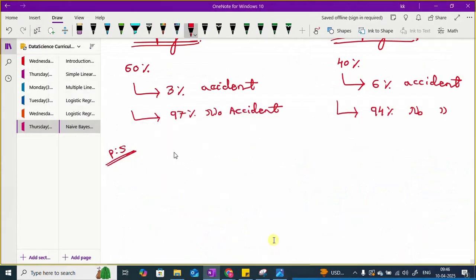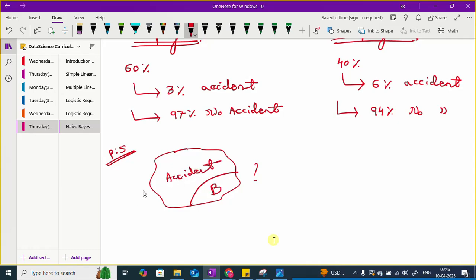It means a taxi I choose will face an accident, but what is the probability that it belongs to company B? There is a question mark. Obviously, this is the accident area, but that taxi should belong to company B, not company A.